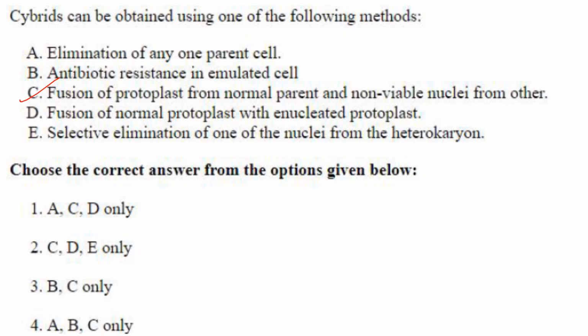Then fusion of normal protoplast with enucleated protoplast. That is also correct. Selective elimination of one of the nuclei from the heterokaryon. Heterokaryon is the product that you get after fusion of two nuclei. So what you do is, after heterokaryon production, you selectively eliminate one of the nuclei. So the answer here is C, D and E. Answer is option 2.